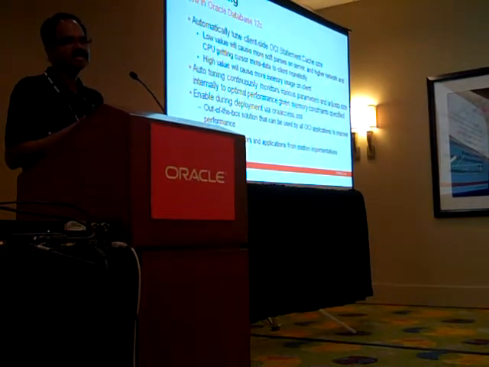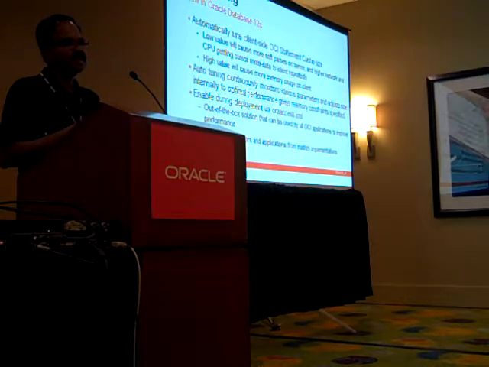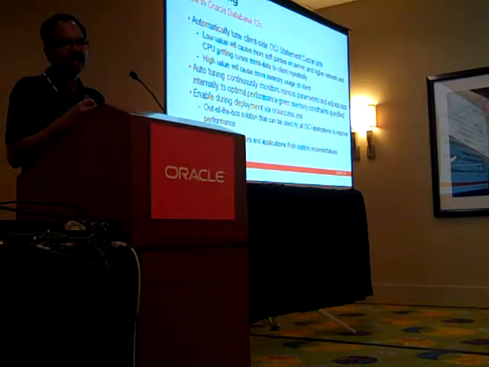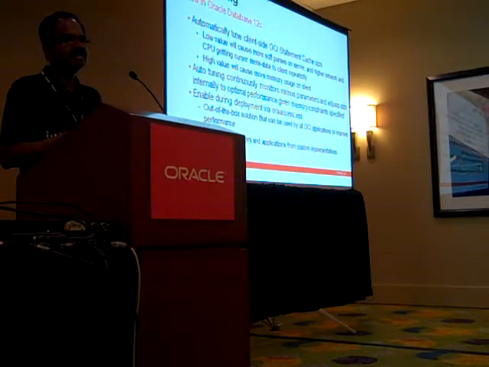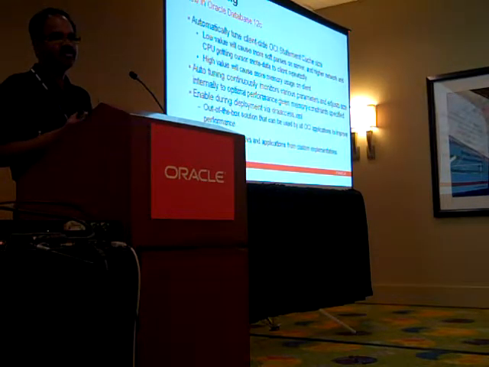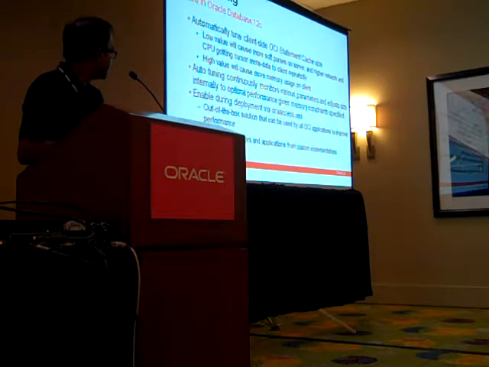So auto tune is constantly monitoring the various activity in the system and tries to tune the statement cache so that you can get the best performance. This is something new that is being offered in 12c, which tunes the statement cache.